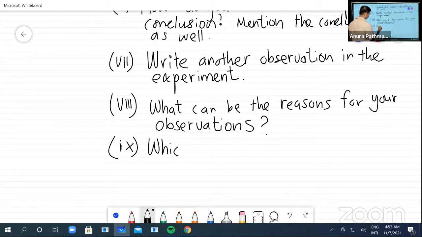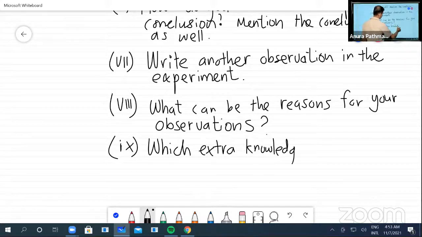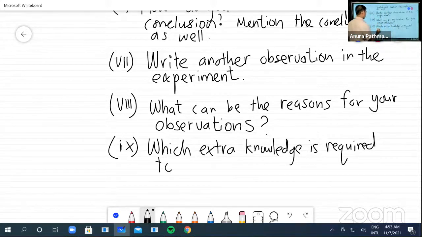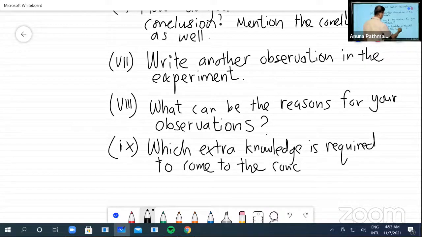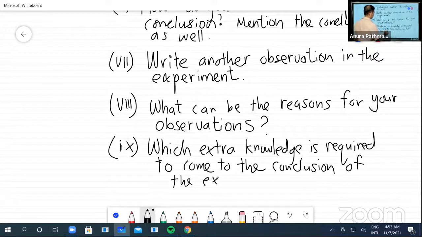9th one. Which extra knowledge is required to come to the conclusion of the experiment?